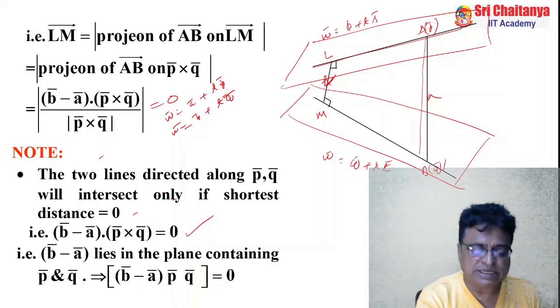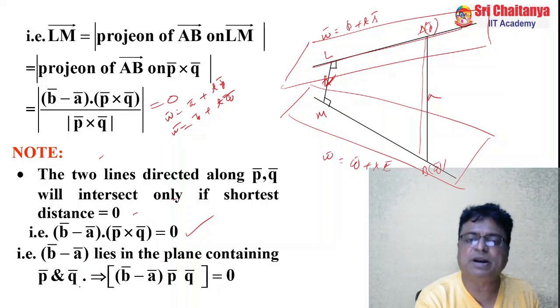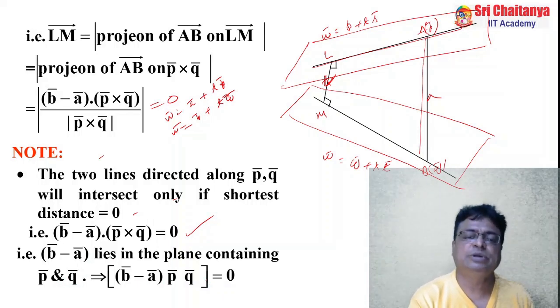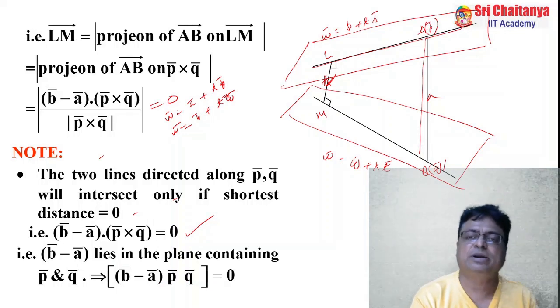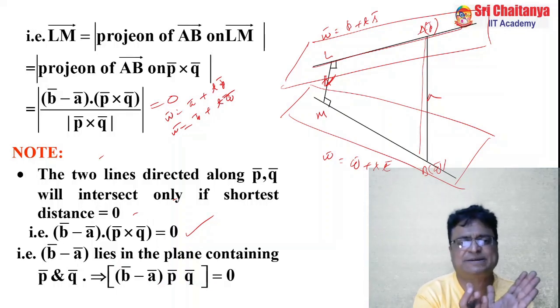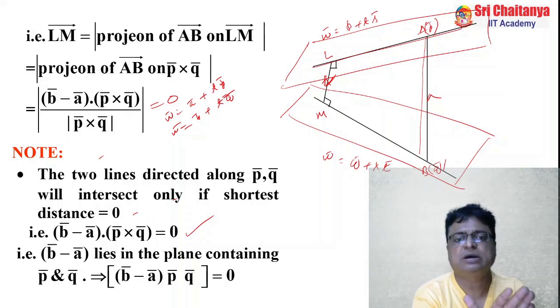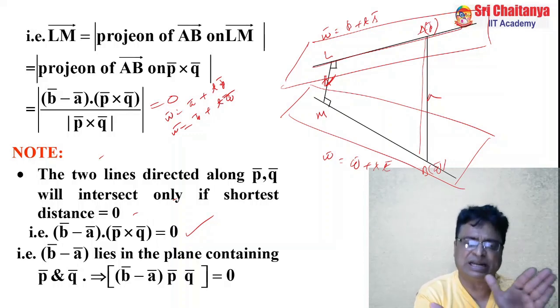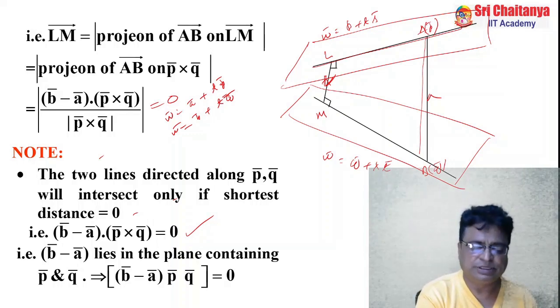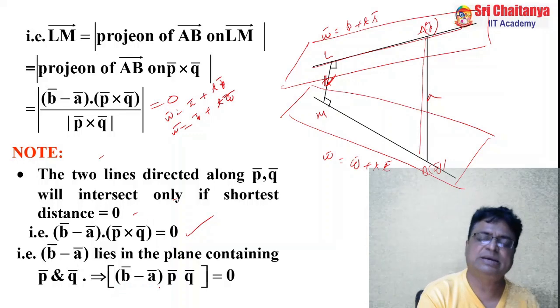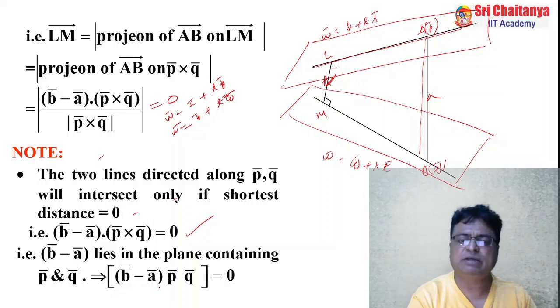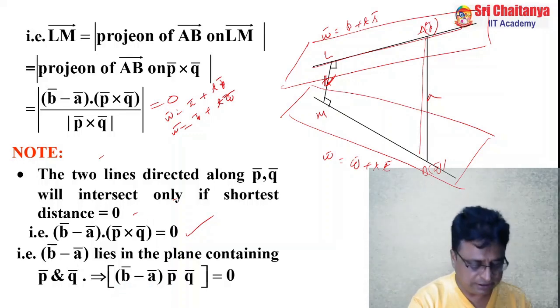Whenever B bar minus A bar lies on the plane containing P bar and Q bar, then the triple product between these three vectors is 0. That is, B bar minus A bar, P bar, Q bar equals 0. Imagine: whenever the vectors are coplanar, the lines' shortest distance is 0. That means the vectors B bar minus A bar, P bar and Q bar are coplanar; they lie on the plane.